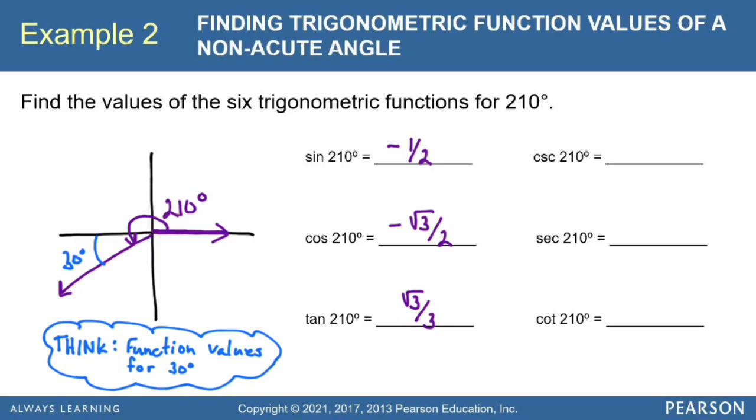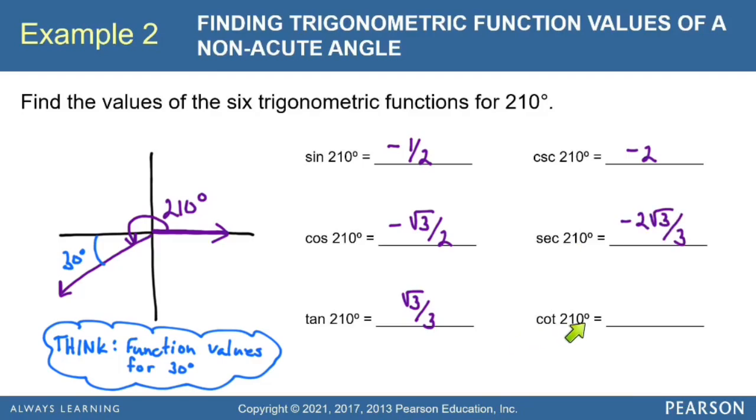And now let's get the other 3 functions. If the sine of 210 is negative 1/2, the cosecant of 210 is negative 2, just a reciprocal. If the cosine of 210 degrees is negative square root of 3 over 2, then the secant of 210 degrees is negative 2 square root of 3 over 3.